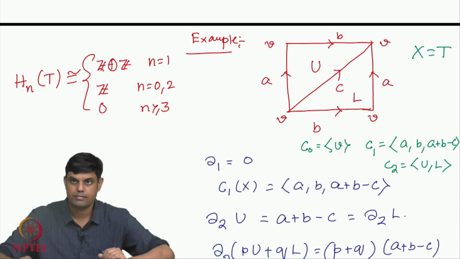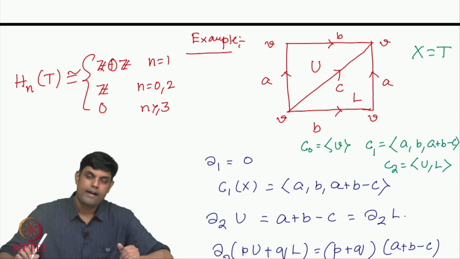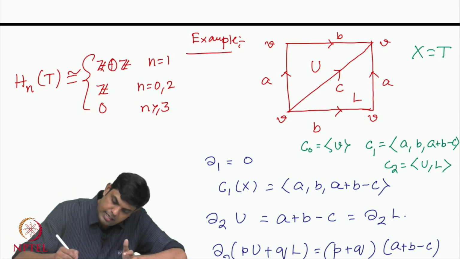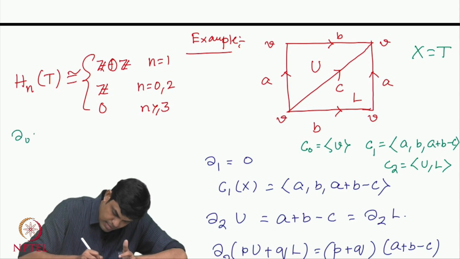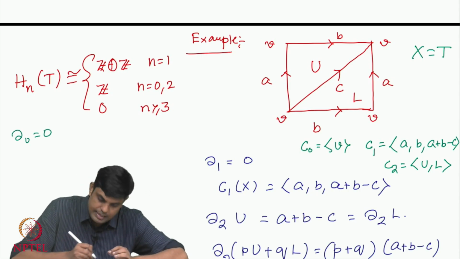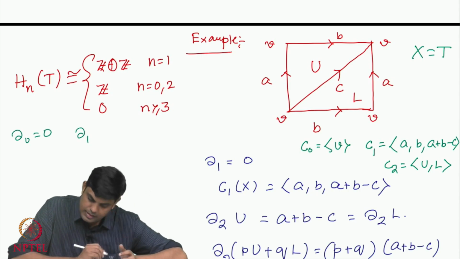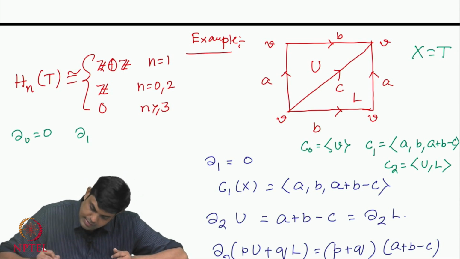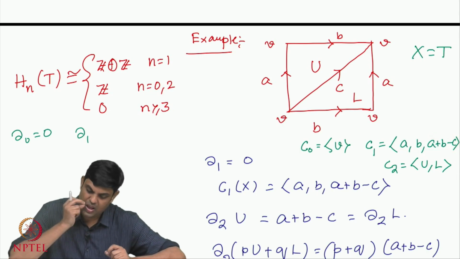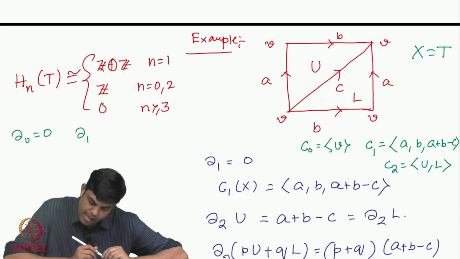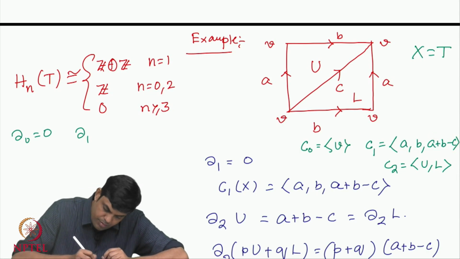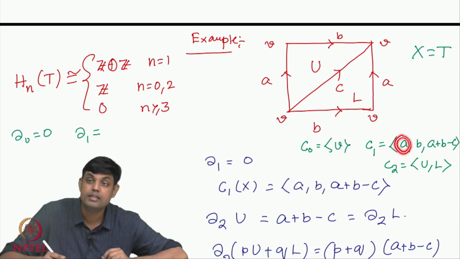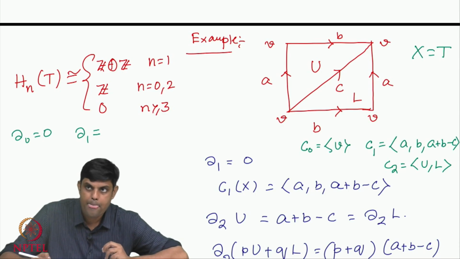Okay. Right. So now I have the spaces, now I want to get the maps. So delta 0 is 0, that is our convention. Delta 1, in this case I have to compute delta 1 on these three objects A, B, A plus B minus C. So what is delta 1? Let us compute delta 1 on A. Delta 1 on A is 0. Okay.